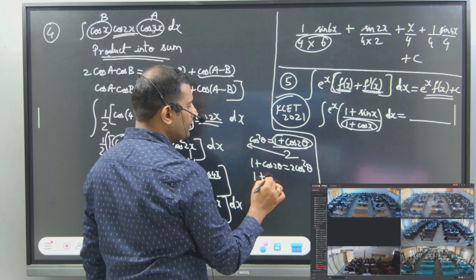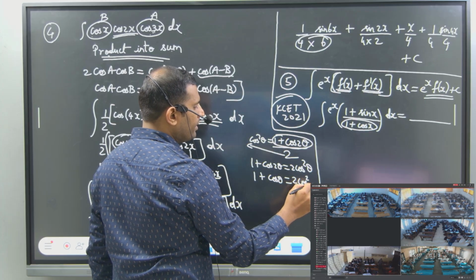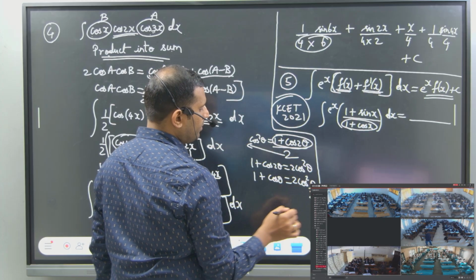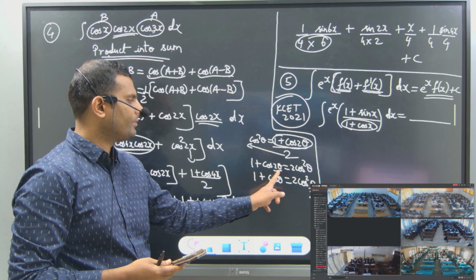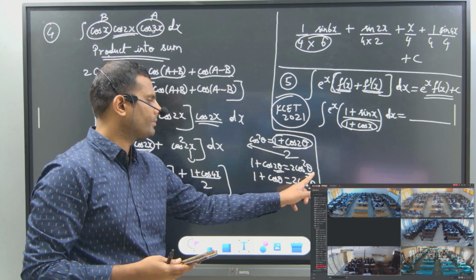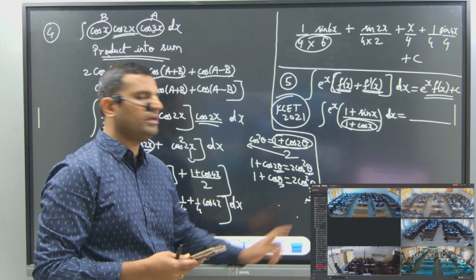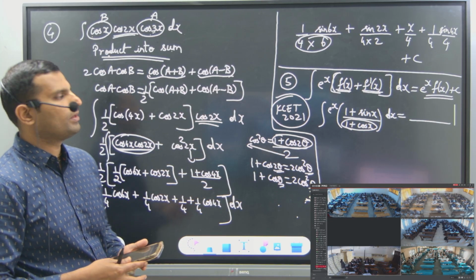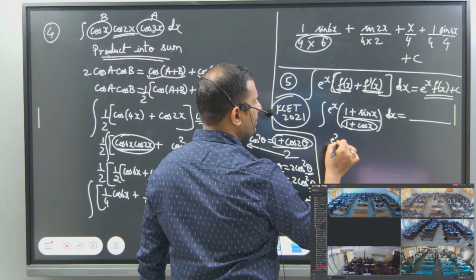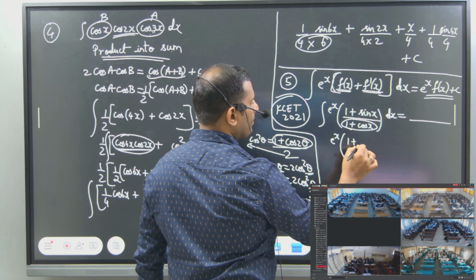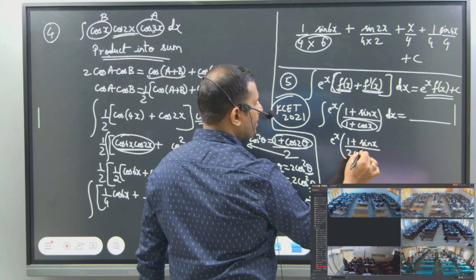So 1 plus cos theta is 2 cos square theta by 2. If 2 theta is here, then 1 theta here; if theta is here, you will get theta by 2. So 1 plus cos x, in the next step you write it as 2 cos square x by 2.